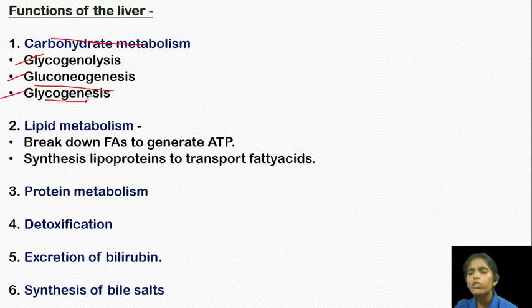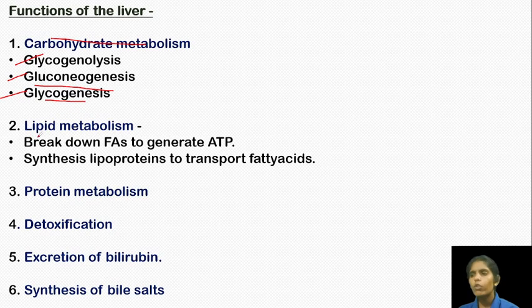And glycogenesis is the synthesis of glycogen. So when there is no need of energy for the body, all the glucose that we get from the food and the excess glucose present in the blood circulation will be converted to glycogen and stored in the liver cells and also in the muscle cells.